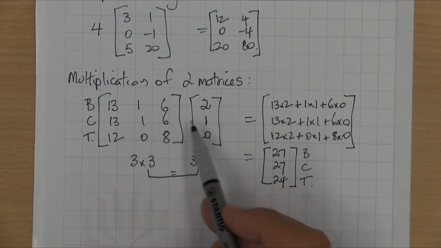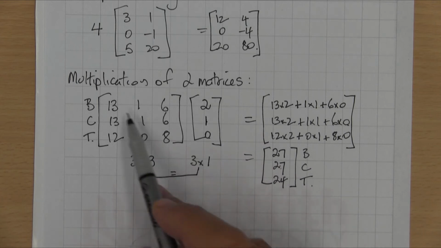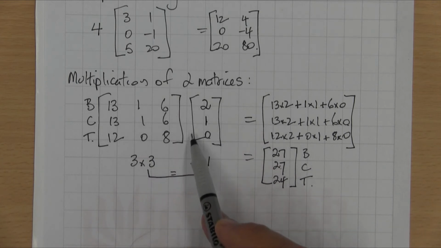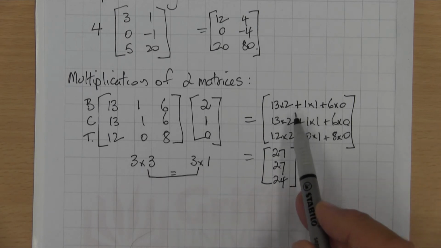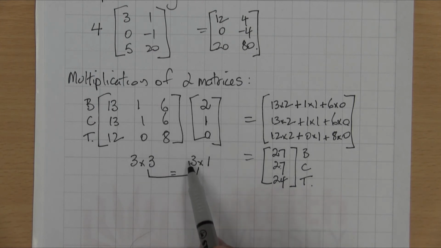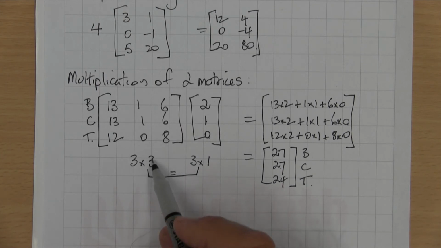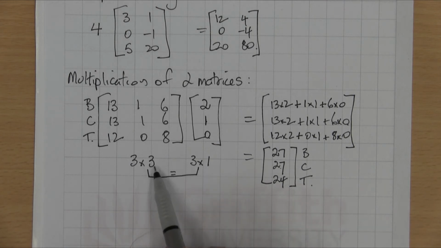Bearing in mind that when we did the multiplication, we laid out those numbers, 13, 1 and 6, so we could just multiply those and add them. If these weren't the same, you would have numbers left over and you wouldn't be able to multiply. So this is rows, columns, and this is rows, columns. The inner dimensions must be equal.